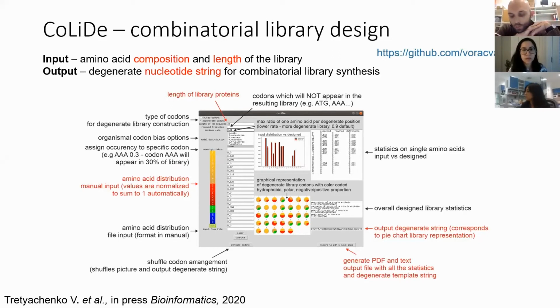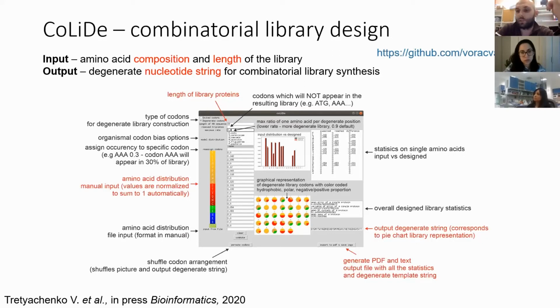And the output of the program is the degenerate codon string, which when synthesized will allow us to get the combinatorial library of sequences, where each sequence will code for a specific protein with these fixed amino acid ratios, but the sequence is kind of shuffled.